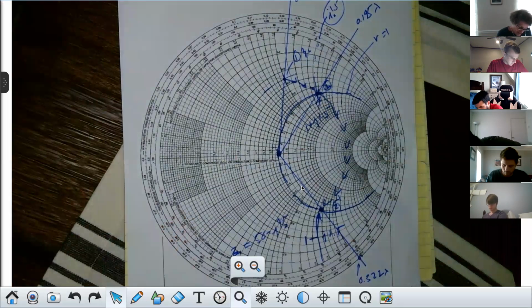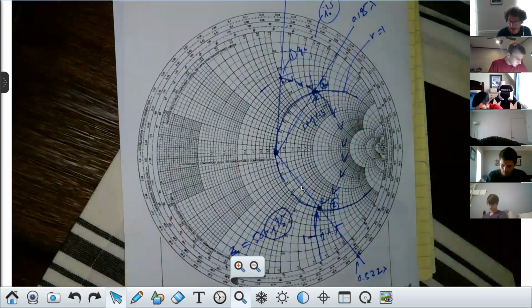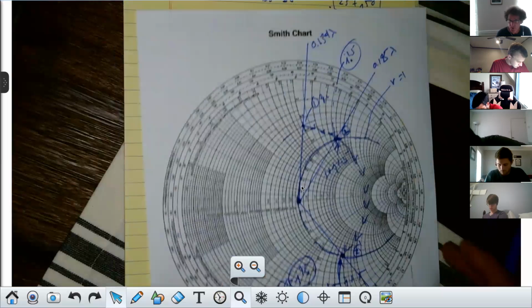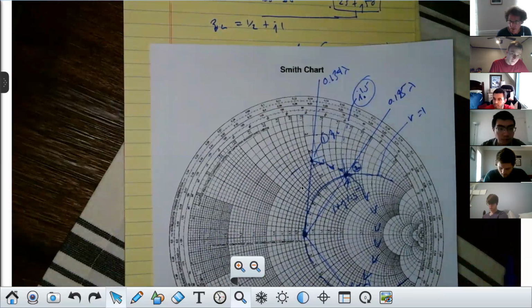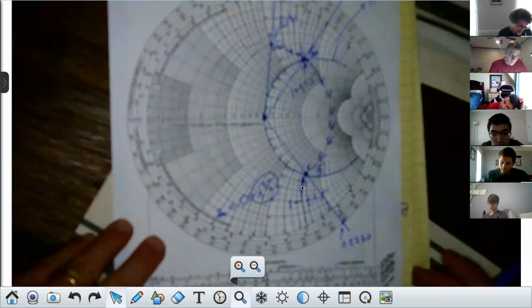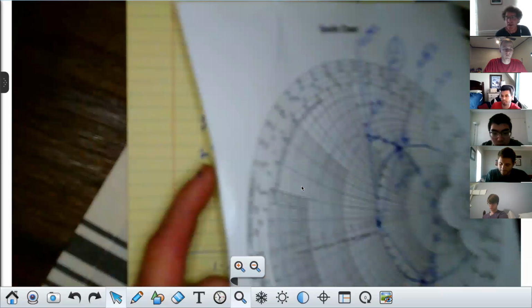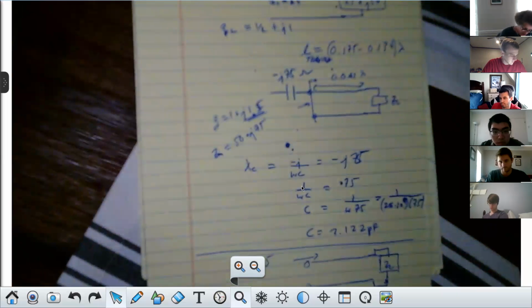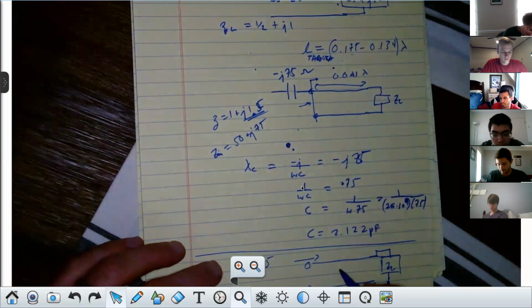Now, once we have that, we have to get rid of this minus j75. So we want to add plus j75. Do you agree? How many see that? Plus j75. And what element has an impedance that's plus j, class?